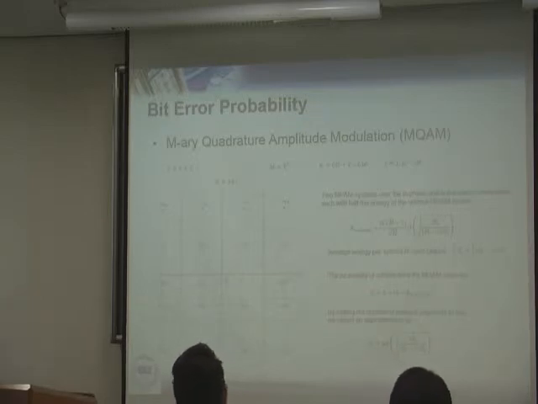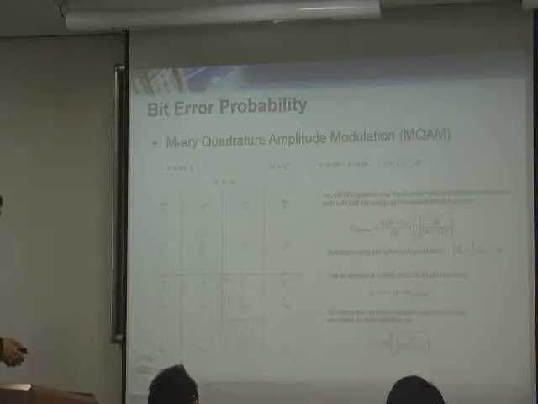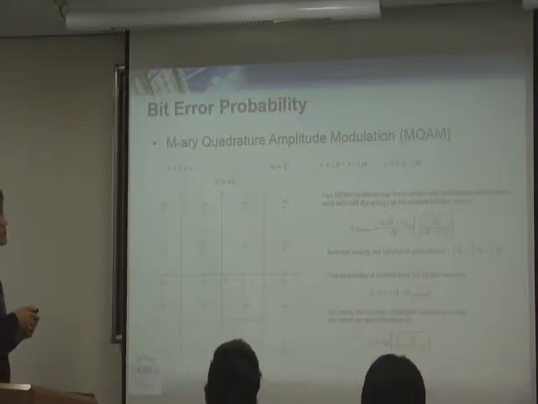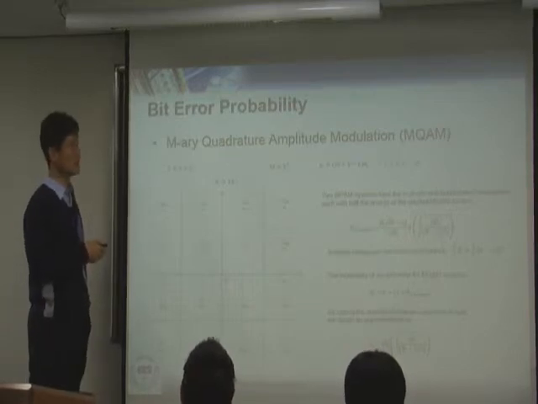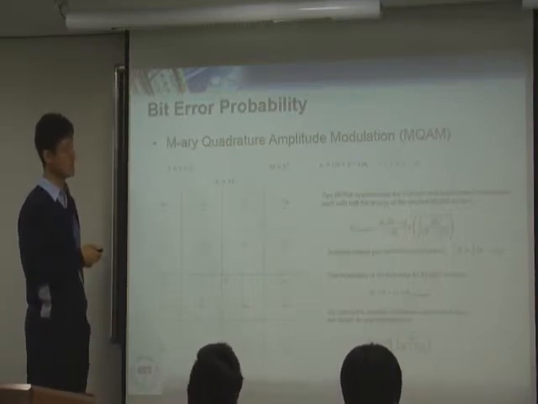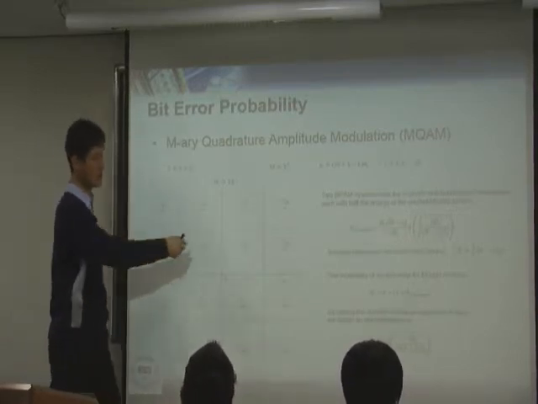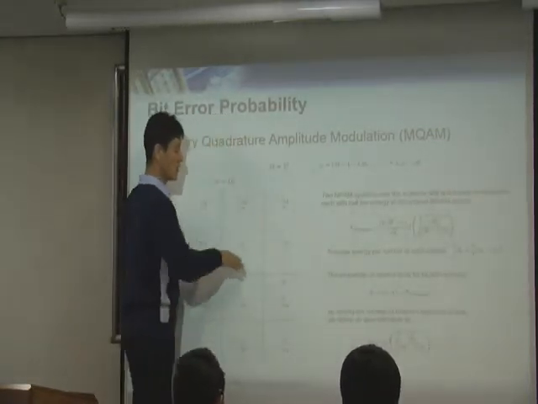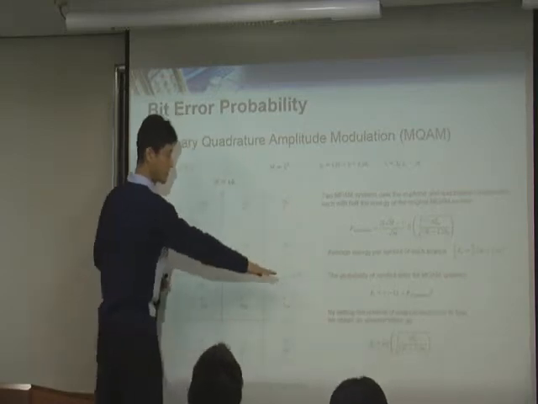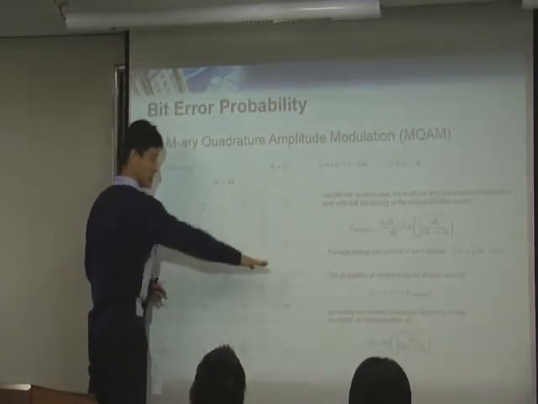Now let's extend to the M-ary quadrature amplitude modulation. This QAM, right? This M-ary quadrature amplitude modulation. This one can be considered as 2 M-ary pulse amplitude modulations. You have one M-ary pulse amplitude modulation on this axis.